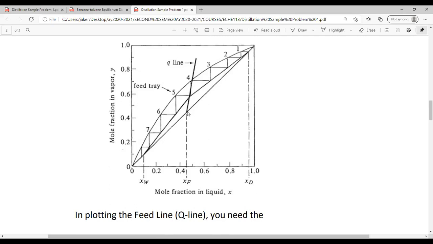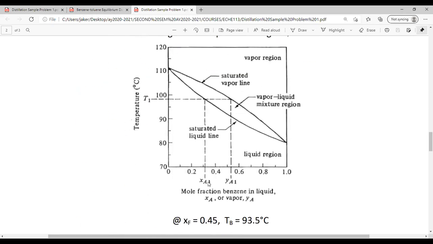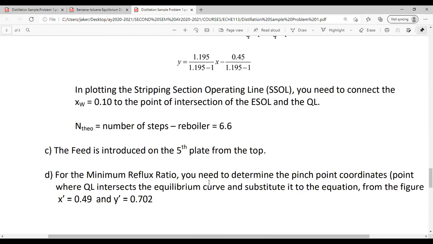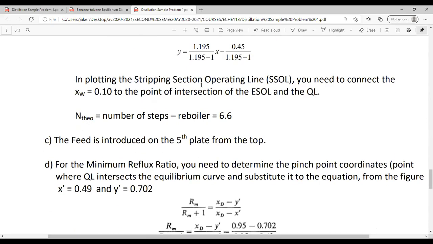So you just need the point of intersection of this Q line and this enriching section operating line, because that's where your stripping section operating line should be connected from the X sub W. So it's already explained here that in plotting the stripping section operating line, you need to connect the XW, which is point 10, to the point of intersection of the two lines previously plotted.